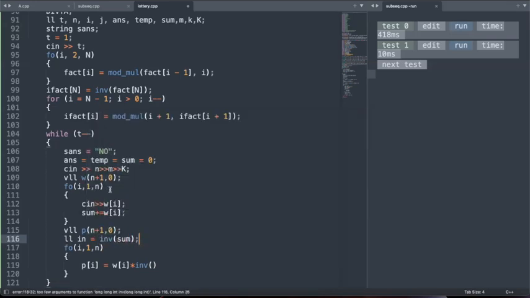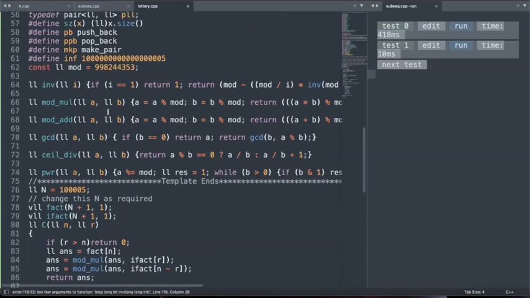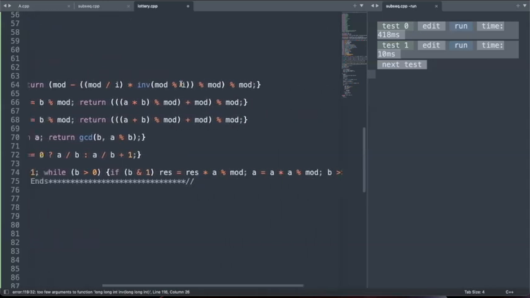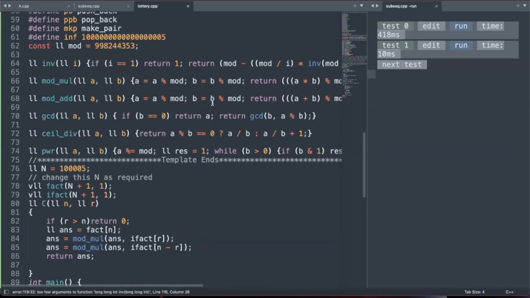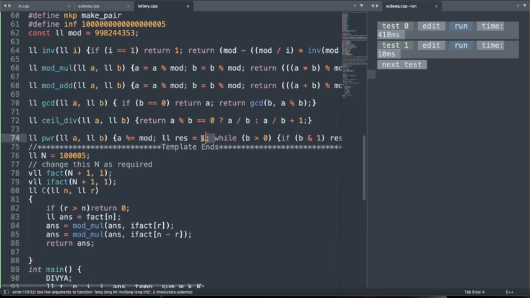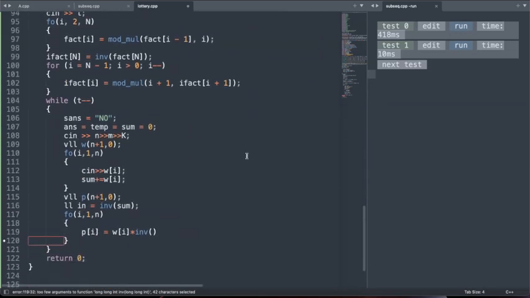I have this pre-written inverse function which computes the modular inverse of any number using the extended Euclid's theorem. But you can also write a binary exponentiation function, since the inverse of a number x is x raised to the power mod minus 2. So we will multiply by the inverse, which is equivalent to division under the modulo.